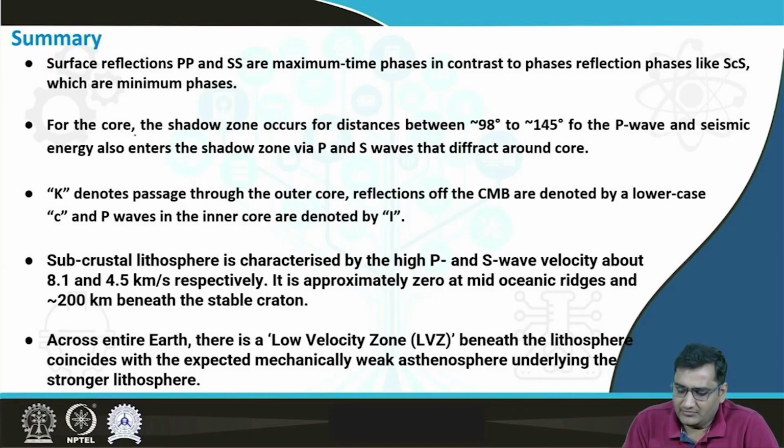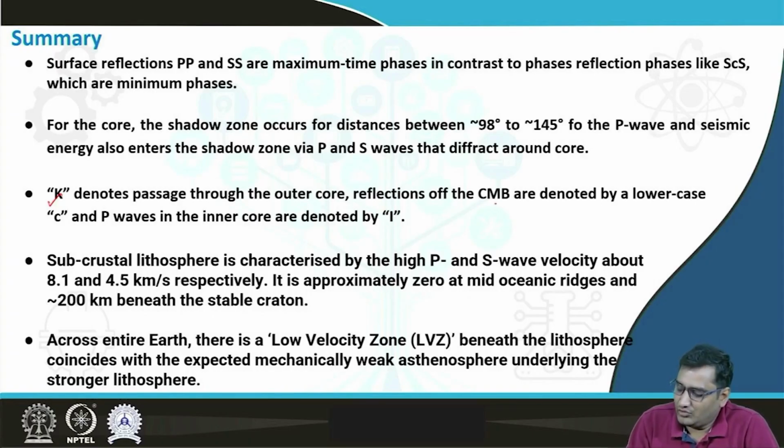For the core, the shadow zone occurs for distances between 98 degrees and 145 degrees for the P wave, and seismic energy also enters into this shadow zone via P and S waves that diffract around the core. K, for the nomenclature, denotes the passage through the outer core.